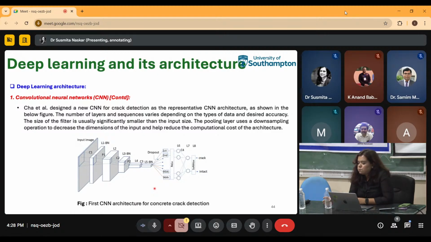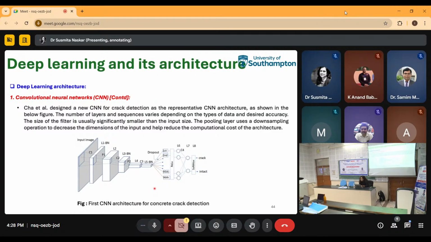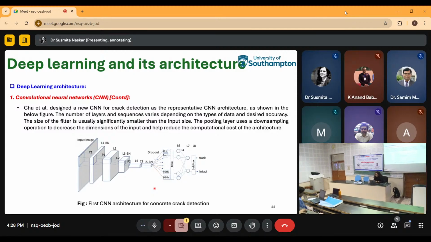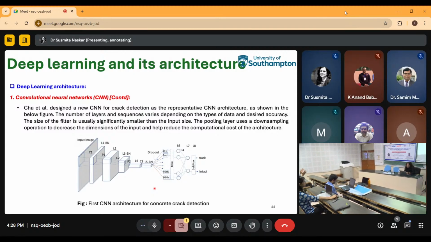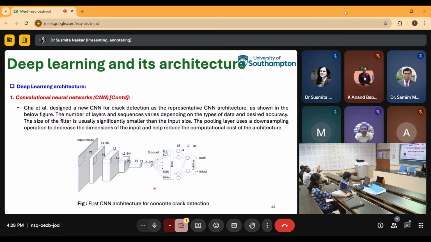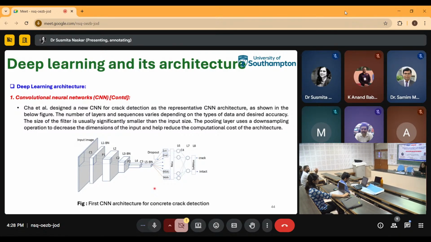Initially, we have an image. What the convolution does is it drops a sliding window over it, and after the pooling, the size is reduced depending upon the pooling size. Again convolution, again pooling. So at the end, we get only a very small version of the image rather than the original image.